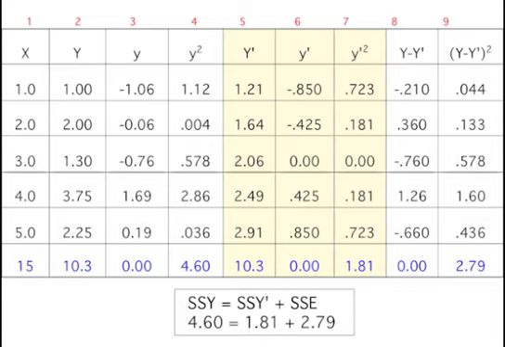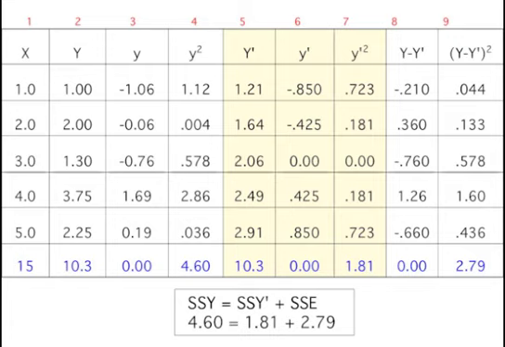In the introductory section, it was shown that the equation for the regression line for these data is y prime equals 0.425x plus 0.785. The values of y prime were computed using this equation. The sixth column, small y prime, contains deviations of y prime from the mean y prime.